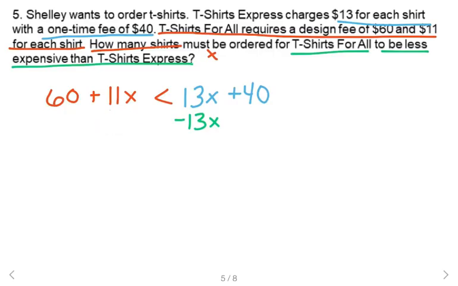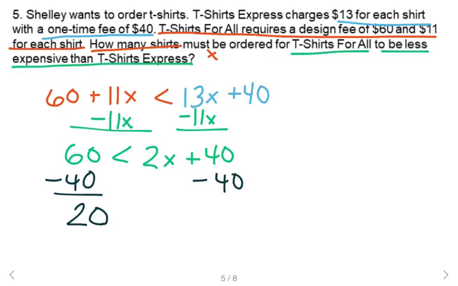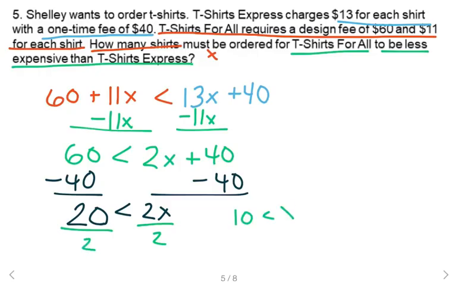Actually, I'll do it a different way just to illustrate something. You might think to keep those variable terms positive. Well, we'll have 60 is less than 2x plus 40. Then you can subtract 40 from each side, and we get 20 is less than 2x. To get rid of multiplying by 2, divide by 2, and we get 10 is less than x.